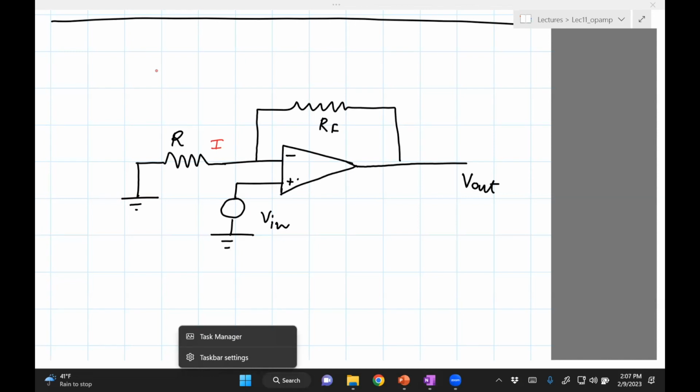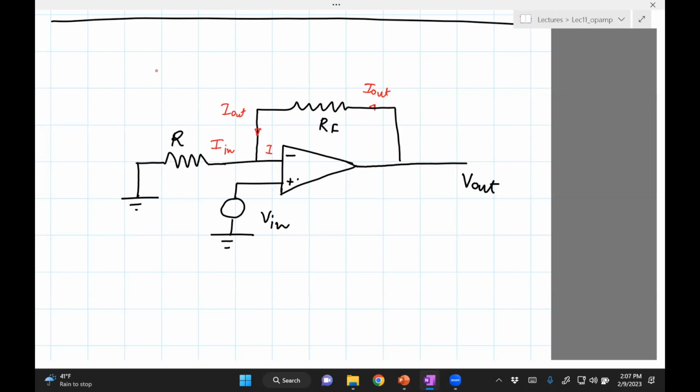I used I in earlier because there was a voltage source here, but let's just stick to the same one. The current flowing through the output is I out, so that will go in like this.